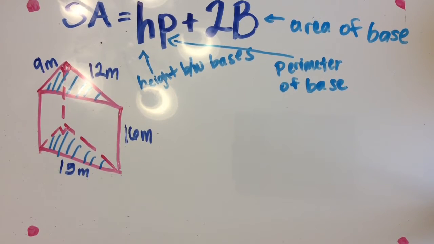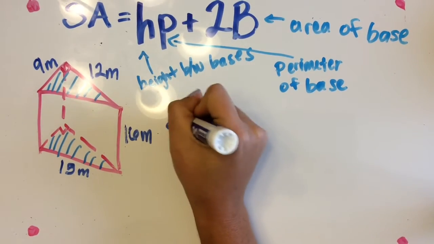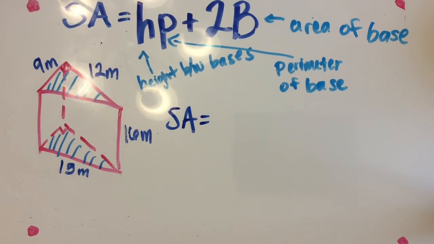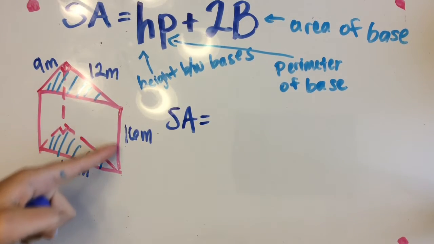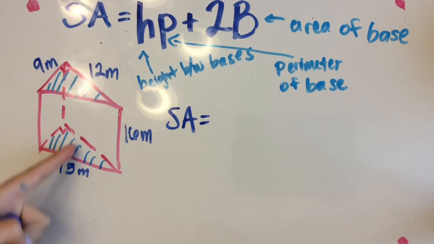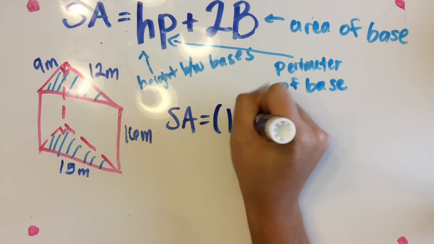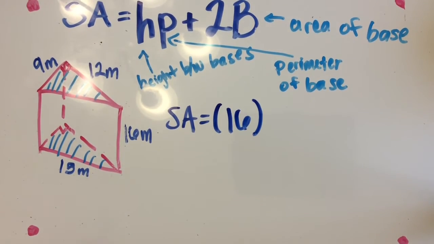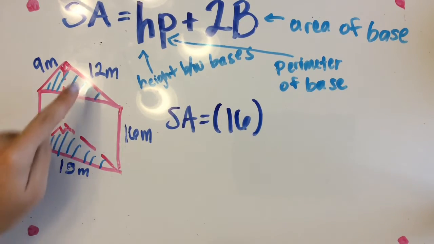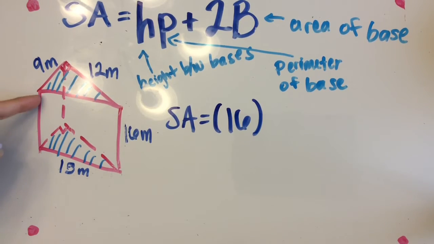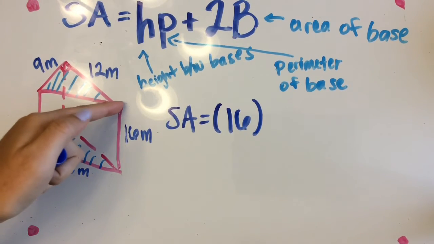Let's do this one at a time, plugging things into our formula. The surface area of this triangular prism is equal to the height between the bases. I look at the distance between those bases, and it's 16 meters. So I'm going to put 16 for that. Then it wants me to find the perimeter of the base. These two are exactly the same, and those are our bases. I'm just going to add the length around this base.